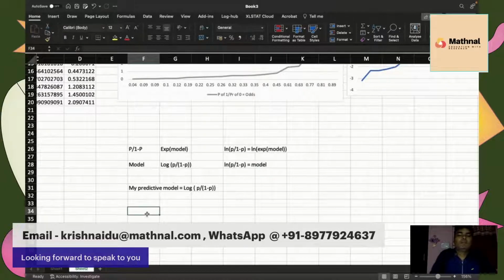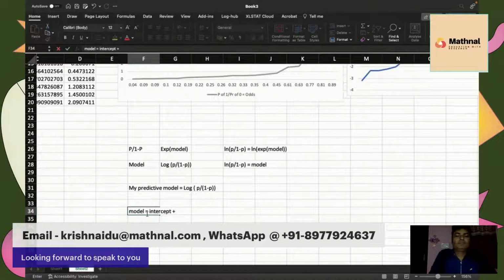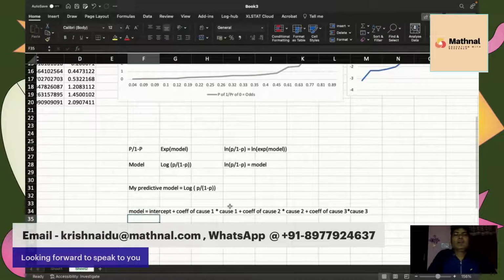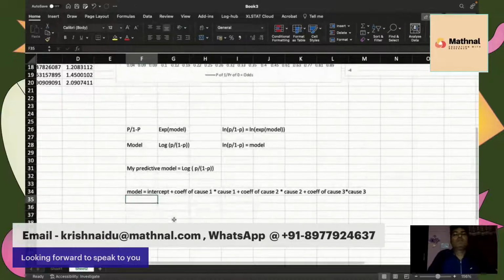So what is a model? A model is a combination of intercept plus coefficient of cost 1 into cost 1 value, plus coefficient of cost 2 into cost 2 value, plus coefficient of cost 3 into cost 3 value. These are the model.